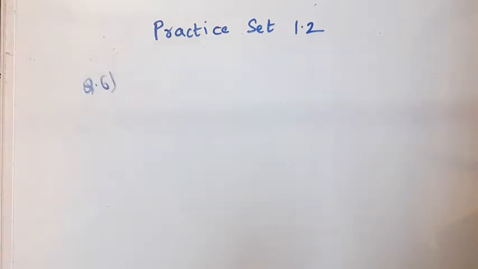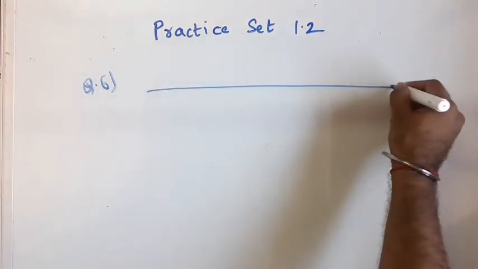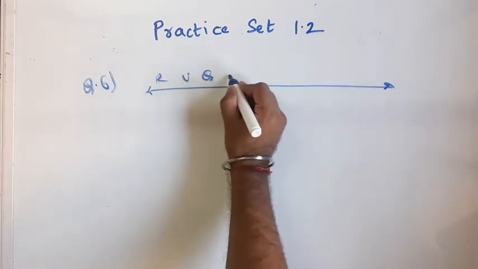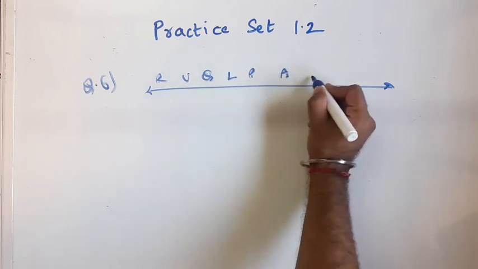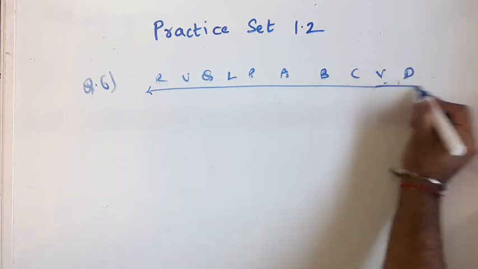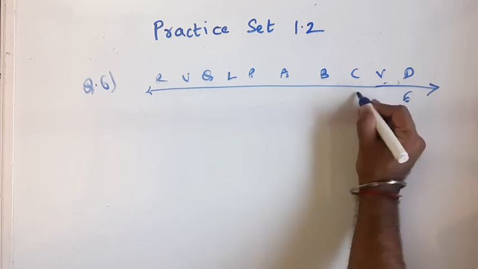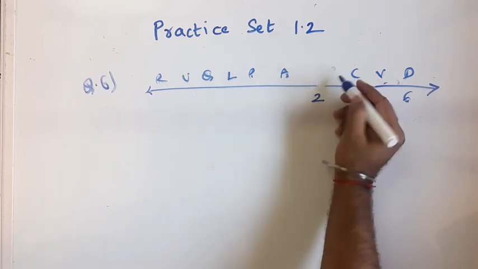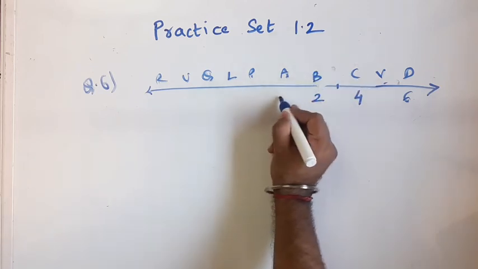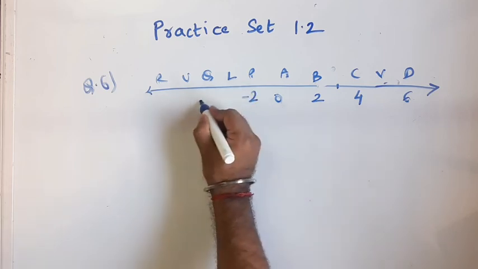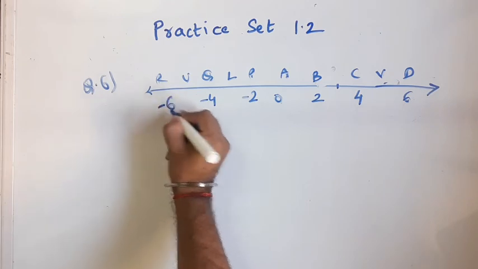Then question number 6 states, points which are equidistant from point B. We'll draw first. This is R, U, Q, L, P, A, B, C, V, D. I'll extend this. This is 6, this is 4, this is 2, then A is 0, then P is -2, Q is -4, and R is -6.